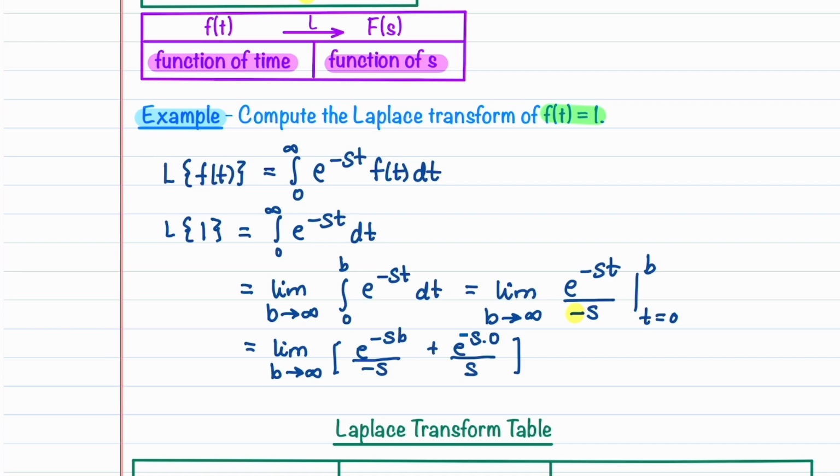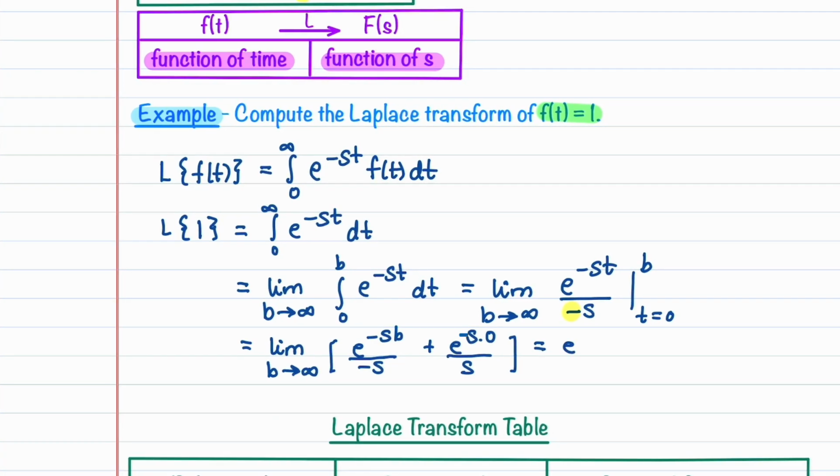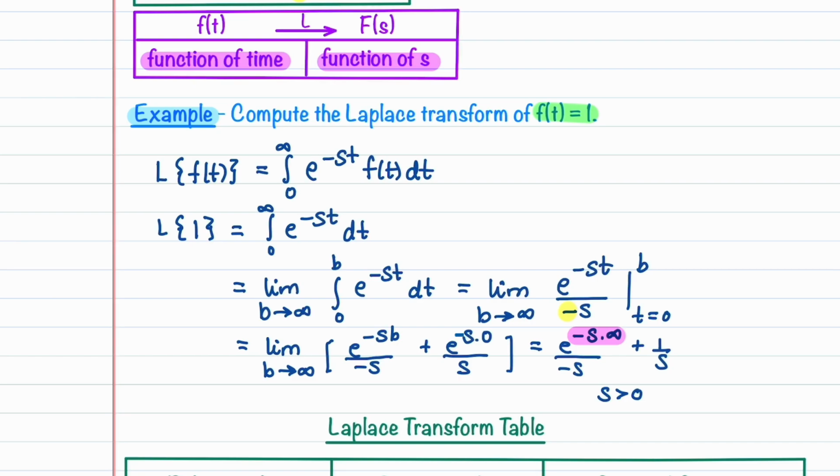Now this next part, I'm going to be a little casual, and I'm just going to replace b with infinity. So this is e to the minus s times infinity, all divided by minus s. E to the 0 is 1, so we have a 1 over s. Now let's look at this part right here. If we assume that s is greater than 0, then we get e to the minus infinity, and that term is going to go to 0.